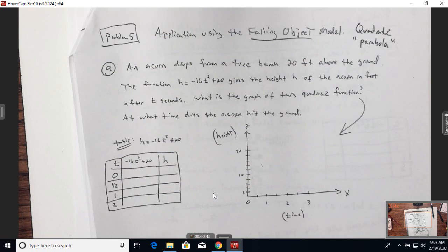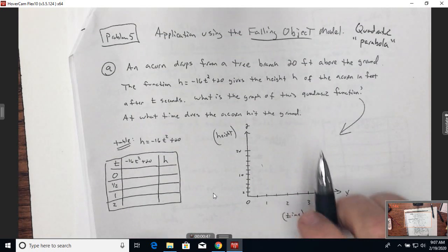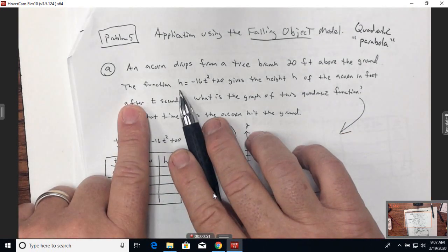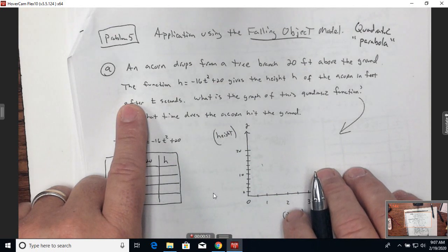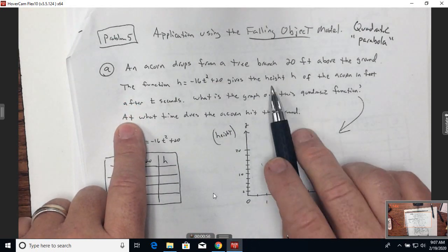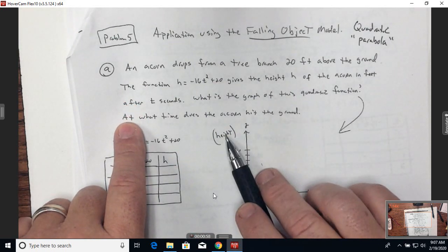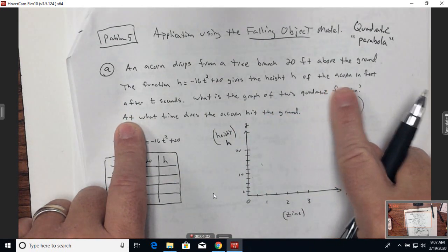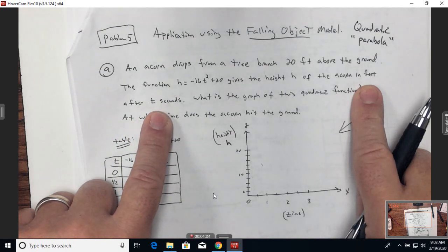An acorn drops from a tree branch 20 feet above the ground. The function h equals negative 16t squared plus 20 gives the height h. So the height is going to be the variable h, okay, of the acorn in feet after t seconds.